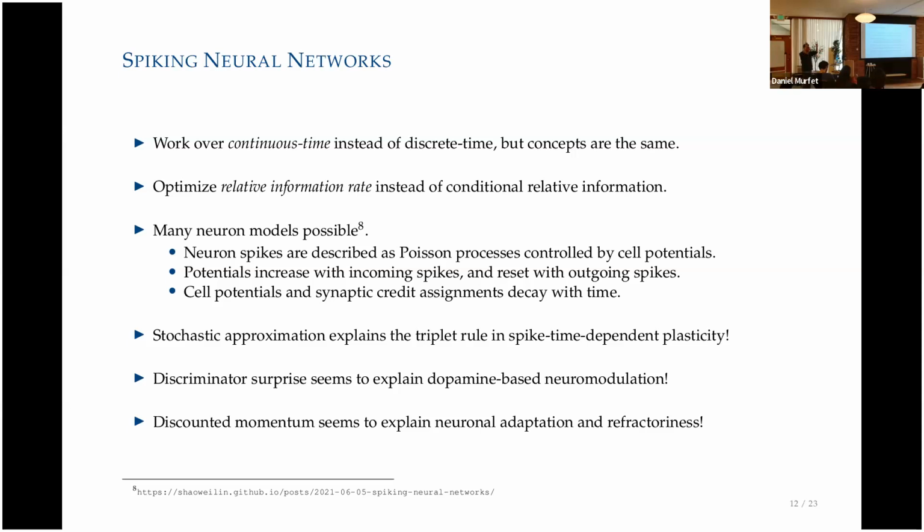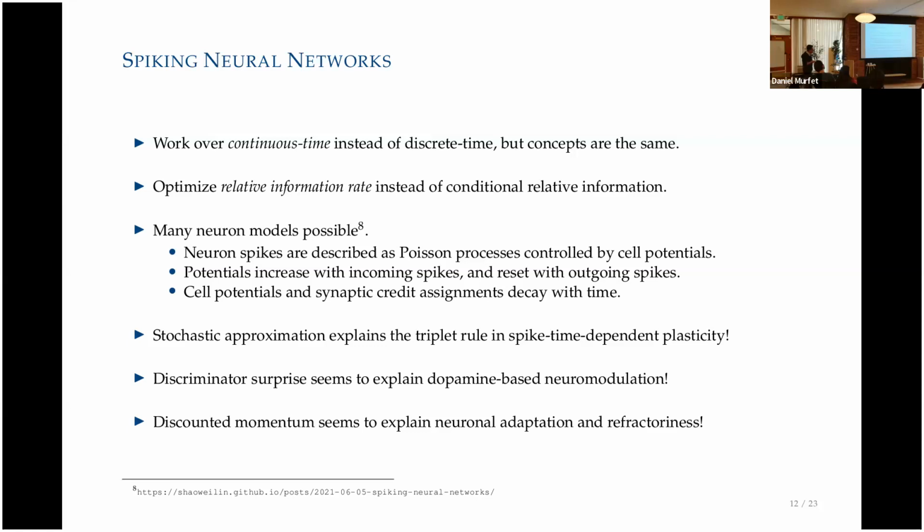If they spike together, the weight will go up, but how much it goes up depends on how far apart those two spikes are. Sometimes you could even have the negative effect, where the weights go down. The triplet rule is an even more complicated way of saying that. And in my opinion, there's no triplet rule in biology. It's just stochastic approximation, and what we see in nature is just a consequence of that.